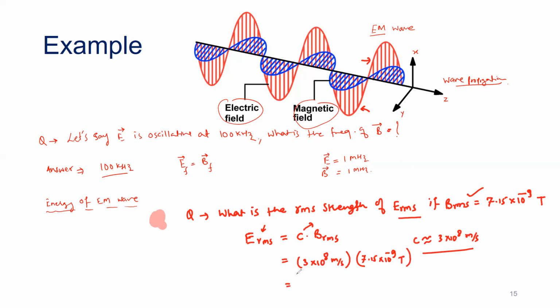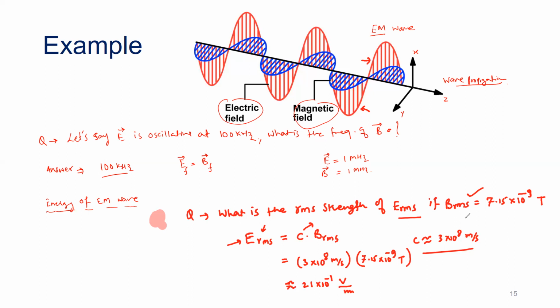And that comes out to be approximately 21 into 10 to the power minus 1, or approximately 2.1, and the unit of the electric field will be volts per meter. That is the strength of the electric signal.